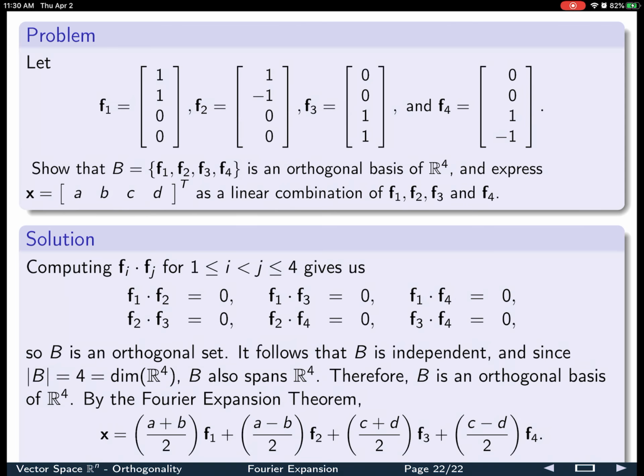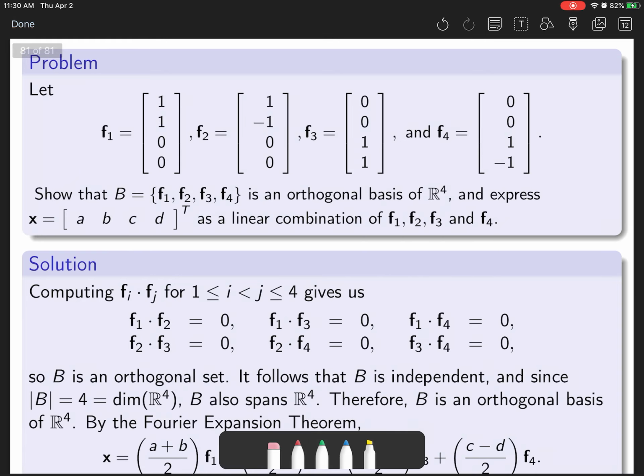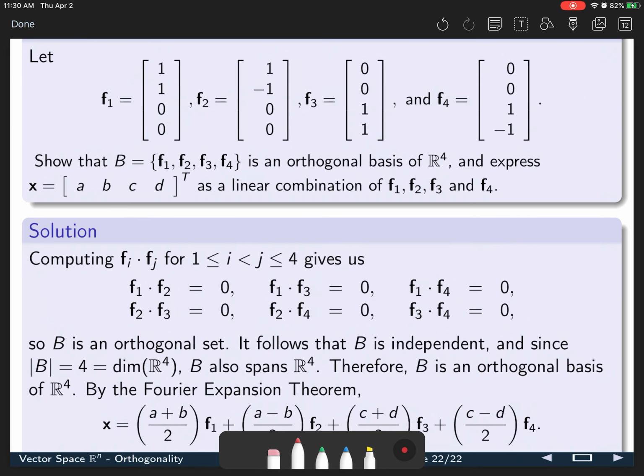But they're saying the Fourier expansion theorem here. Remember that these are just projections. So on the top here of this first Fourier coefficient, we've got a plus b. That's because we are taking the dot product of x and f1.